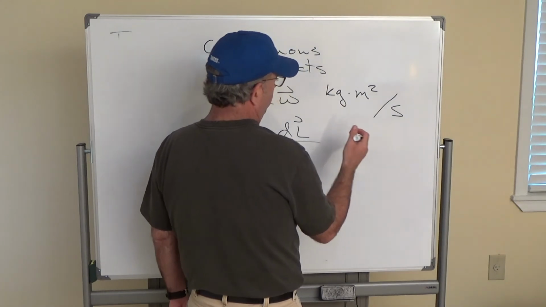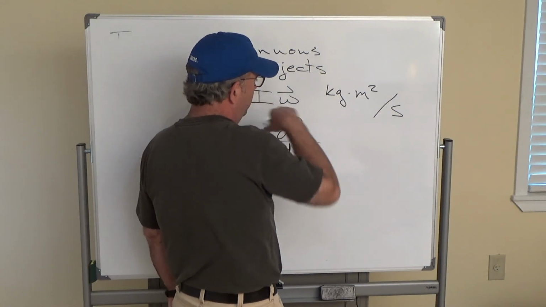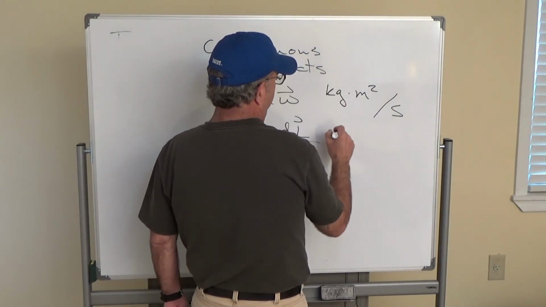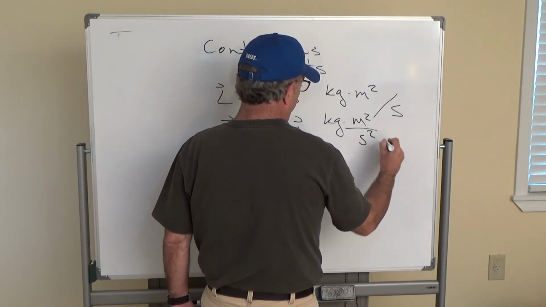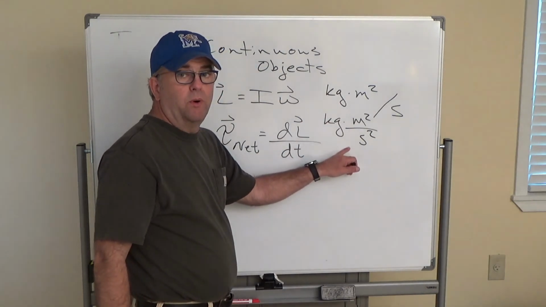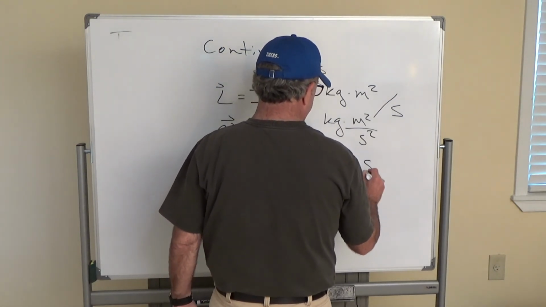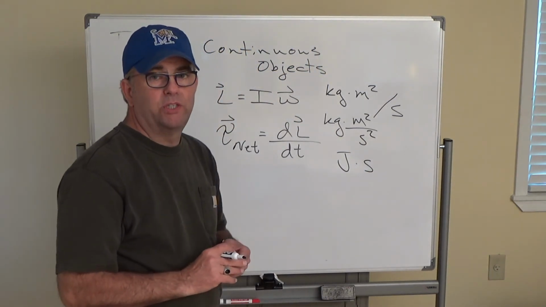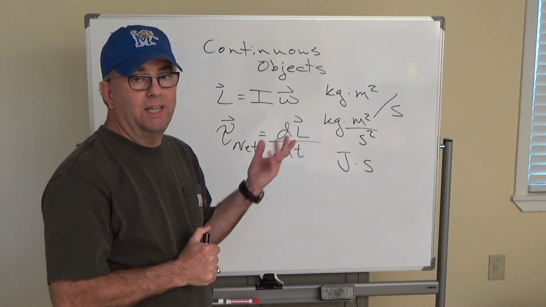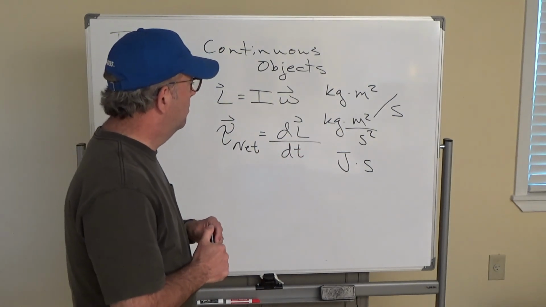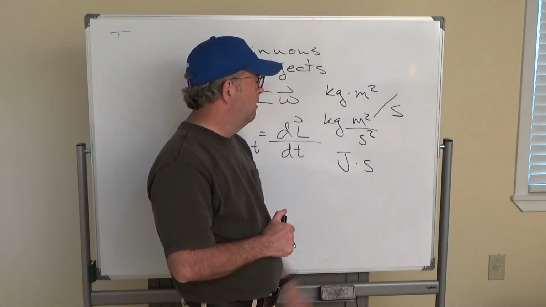So there are lots of ways to write this. Typically, I'll see it written in joule seconds, because a kilogram meter squared per second squared is a joule. There's no named unit for angular momentum that I know of, just like linear momentum, there's no named unit. So joule seconds, or kilogram meter squared per second.